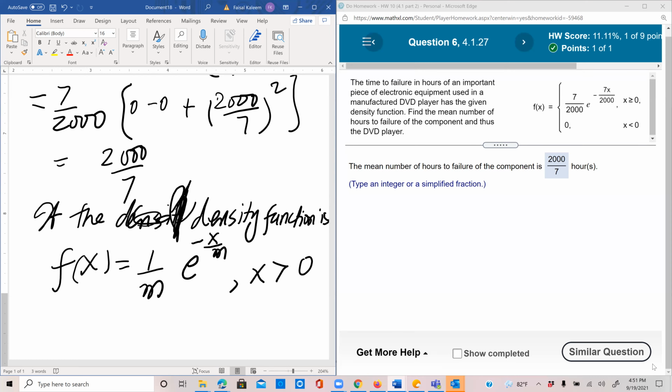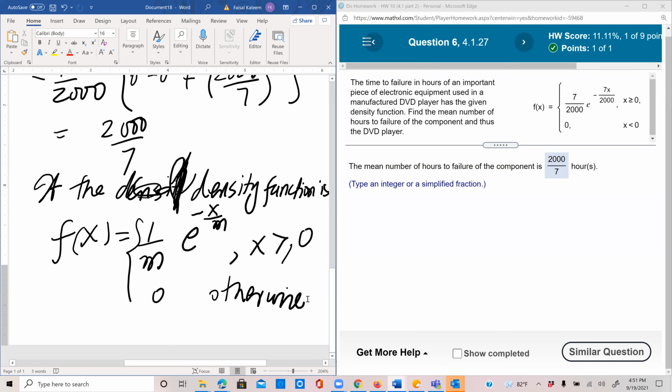It could be greater than 0 or greater than or equal to 0, doesn't matter. And 0 otherwise. Here they have included the 0, but even if you don't include the 0 here, it still holds. So if this is a density function, then the mean, which is the same as expected value, is just m.